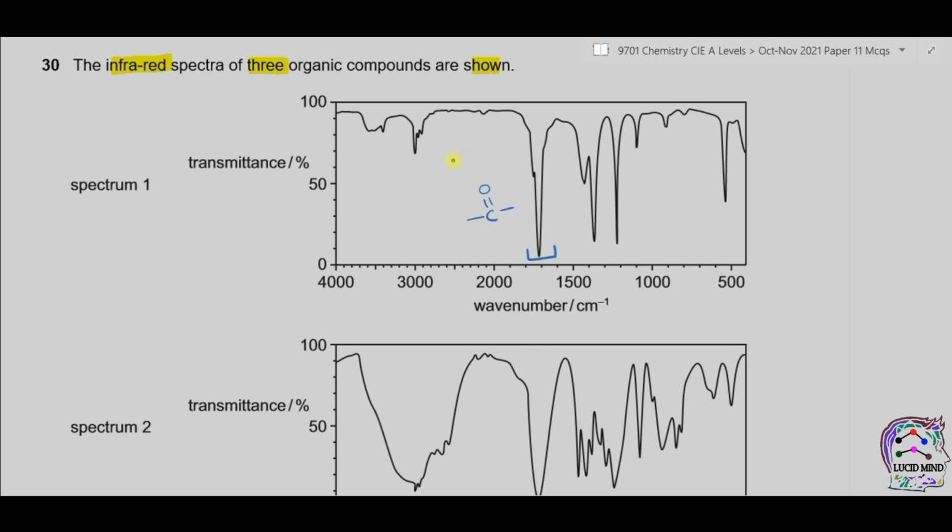So it means it could either be ketone, propanone, or carboxylic acid, propanoic acid. So spectrum 1 could be propanone or propanoic acid.